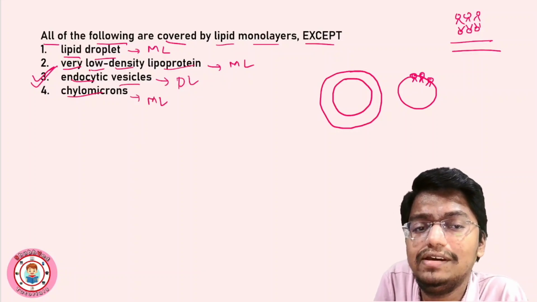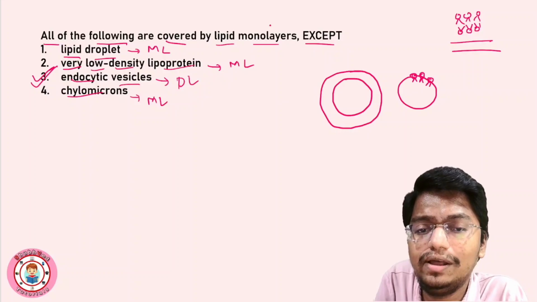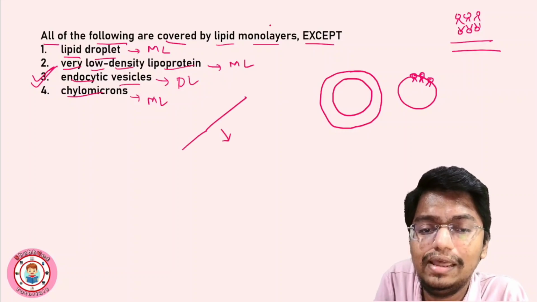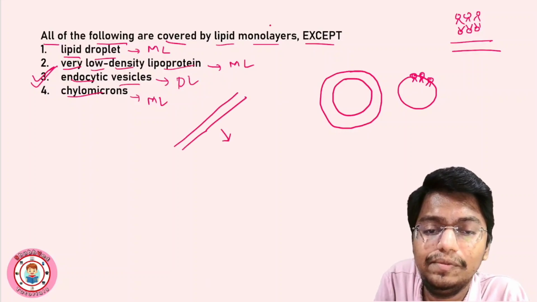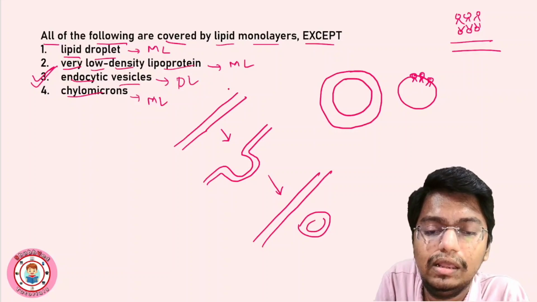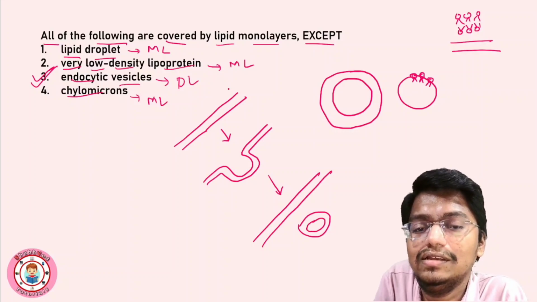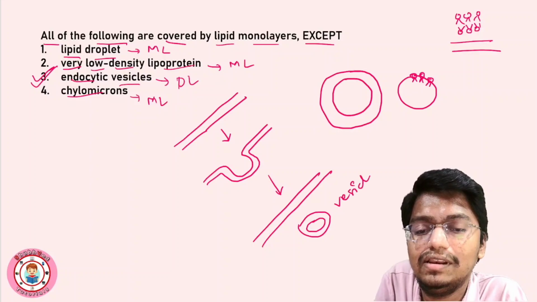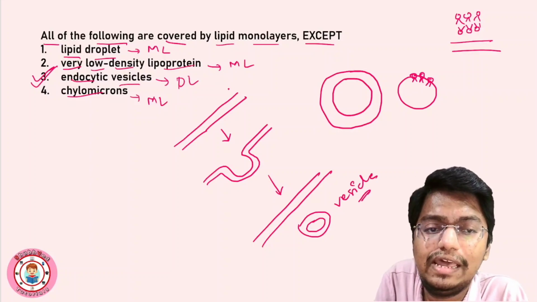So endocytic vesicles are derived from the plasma membrane, right? We know these are endosomes. Basically endocytosis will happen, like this is a membrane and it will be like this, and then it will separate like this. So this is a vesicle. Okay, so it has a double layer.